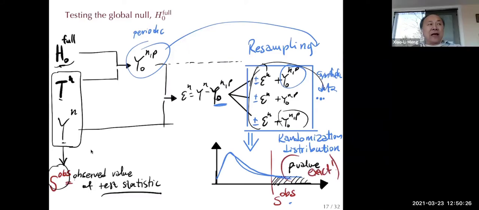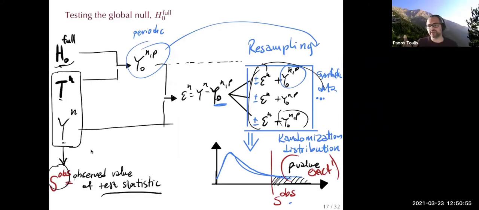Well, it is exact, but you do suffer, no, not suffer. Maybe it's a feature, because it's exact, but it's not uniform. It's not even continuous, right? It could be discrete. It is discrete because you only have 2 to the n. So in terms of calibration, it might be a little bit complicated. It's not like you can get exactly a 5% test. Yeah, there are ways.